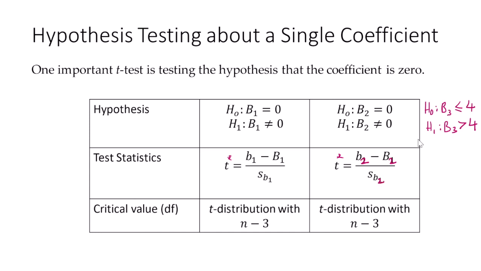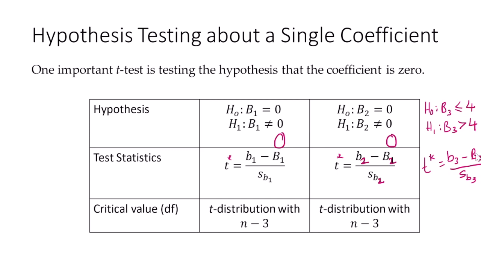Similarly over here, for the test statistic, if we have an extra independent variable, we have an extra coefficient. This will be B3 minus the population coefficient of X3 over SB3. In this case, we would insert the value of B2 as 0 and here as 0.